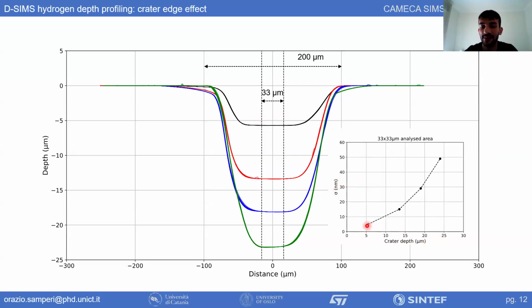As you can see, the error on the depth of the bottom increases more than linearly with the depth. If you are using, for example, a raster size of 200 microns and you are analyzing an area of 30 microns, at some point you will no longer be able to keep the flat bottom condition, and you will see the crater edge effect.